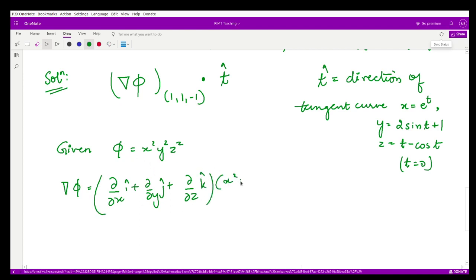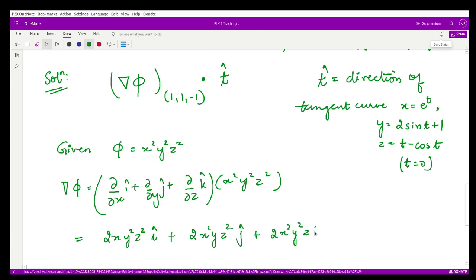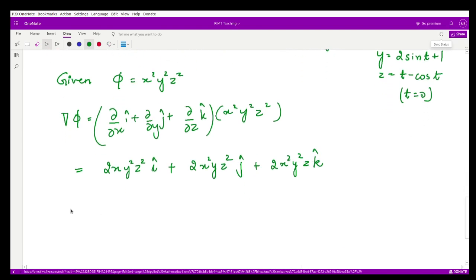So when you take the partial derivatives of x square y square z square, it would be 2x y square z square I cap plus 2x square y z square j cap plus 2x square y square z k cap. So this is your gradient, and we have to compute this gradient at the given point (1, 1, minus 1).